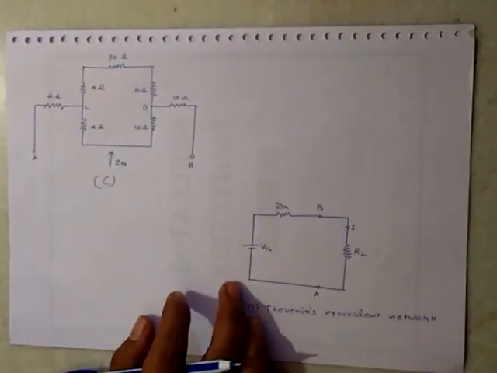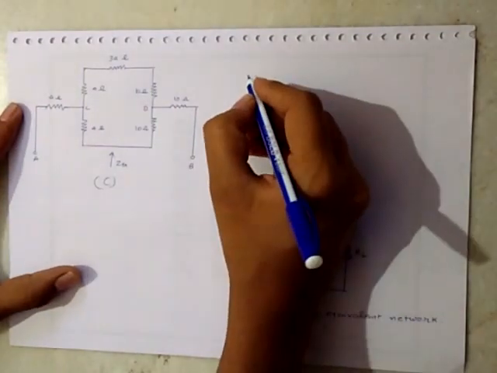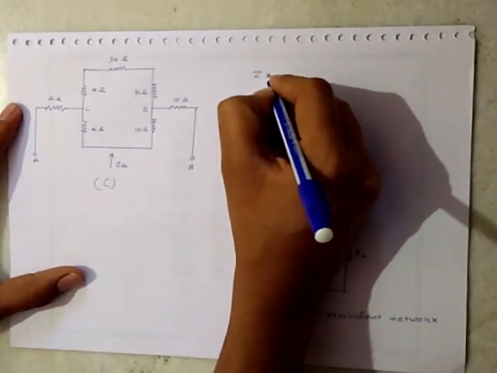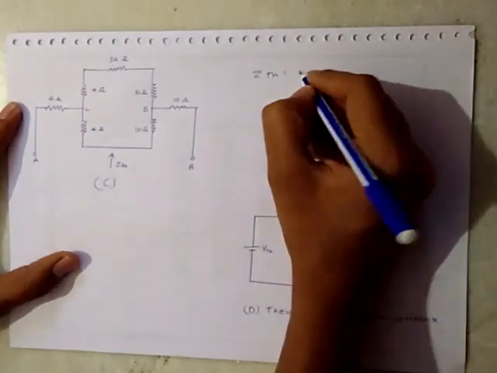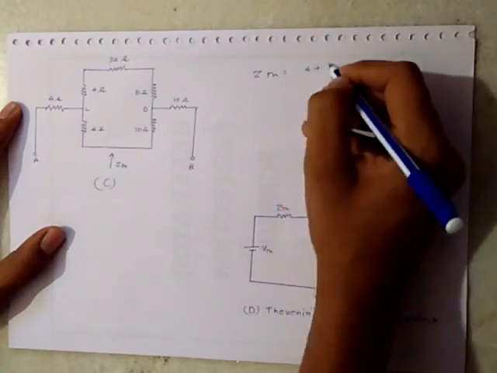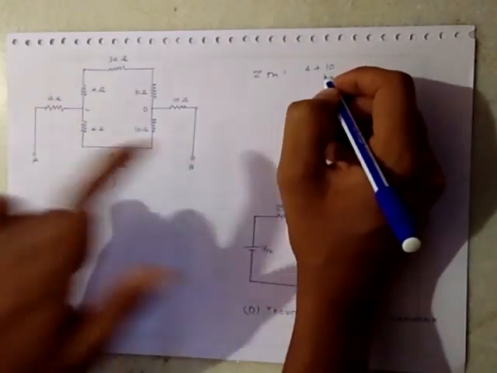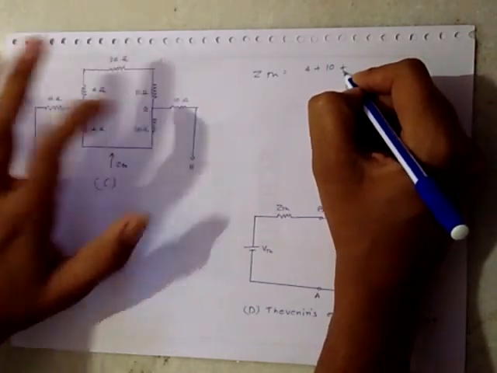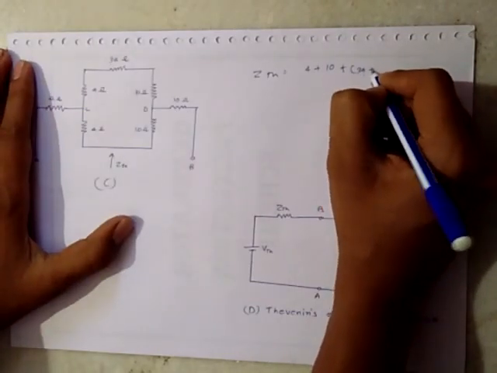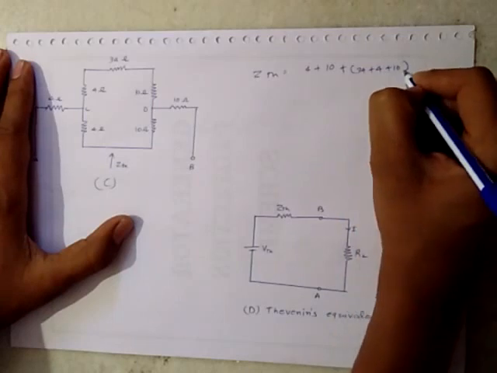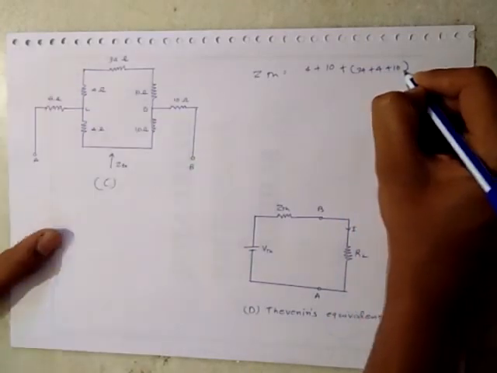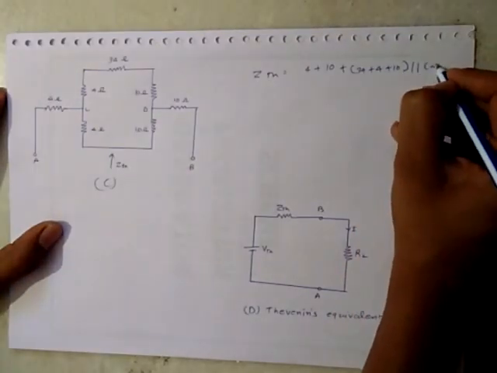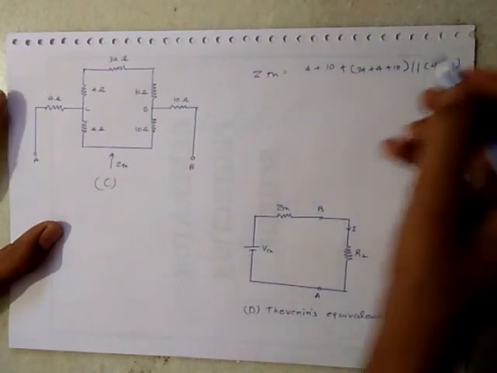Now the Thevenin equivalent resistance ZT will be 4 plus 10, that is these two resistances, plus 34, 4 and 10. That is 34 plus 4 plus 10, in parallel with 4 plus 10.